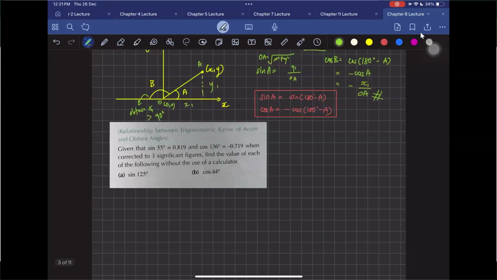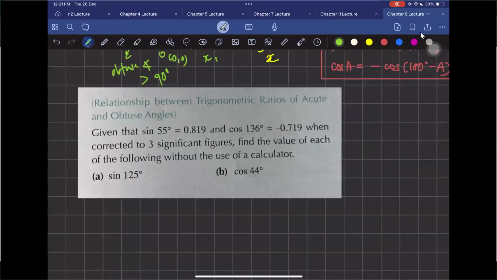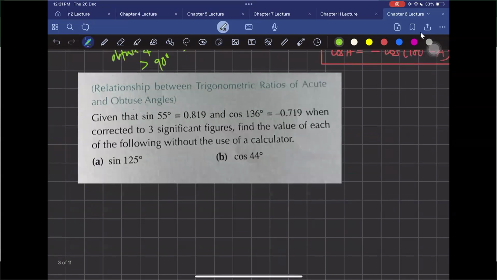Okay, so now let's practice some questions. So again, I want you to pause the video at this moment and try it out yourself before I go through the answer with you. Okay, so now I'll be going through the answer with you. So you're given these two details.